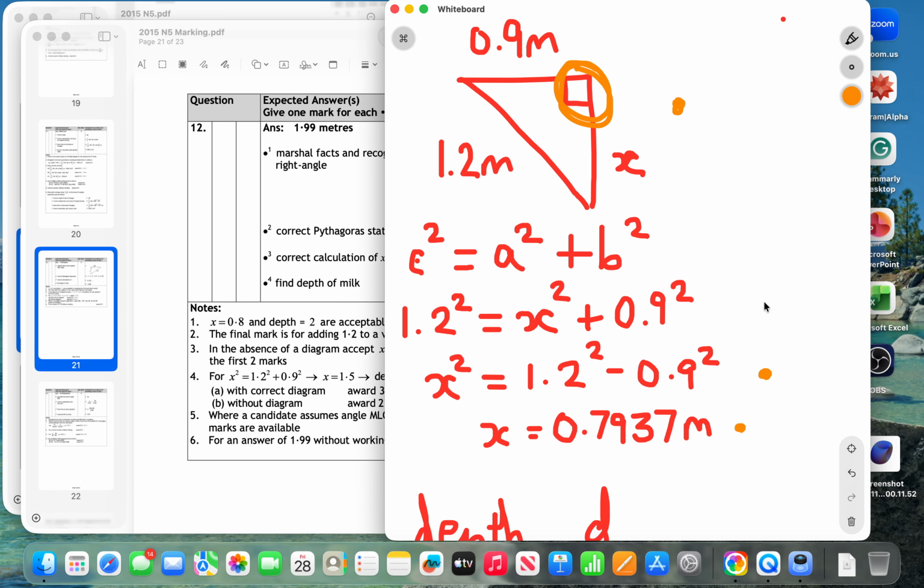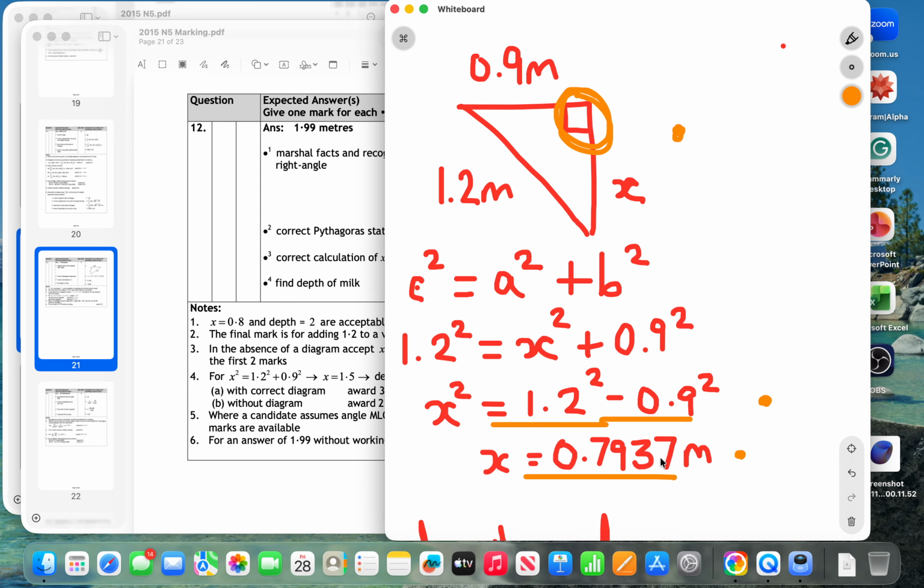What you also need to make sure that you don't do is you don't get your x squared and your x mixed up. So you see, I've found that. So what I've done is I've put these numbers into the calculator. I found the value of x squared and I've square rooted it, and I put x there, not x squared, because this is the square root of this.